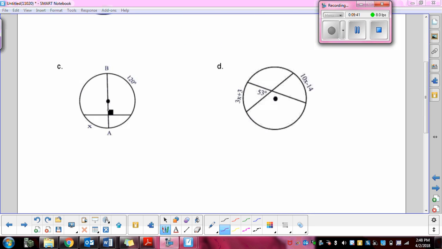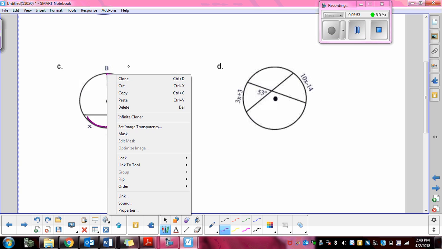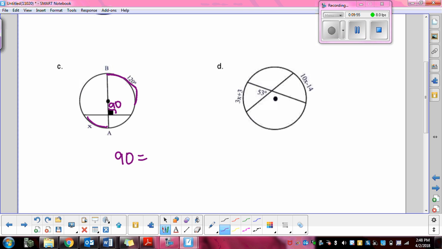C. So this one, they actually give you the angle. Even though there's no numbers right here, the angle is given to you. This is 90 degrees. So 90 degrees, the angle, equals the 2 arcs added up. This time we're going to add, remember, we add the arcs and then divide by 2. So we have x plus 120 divided by 2.